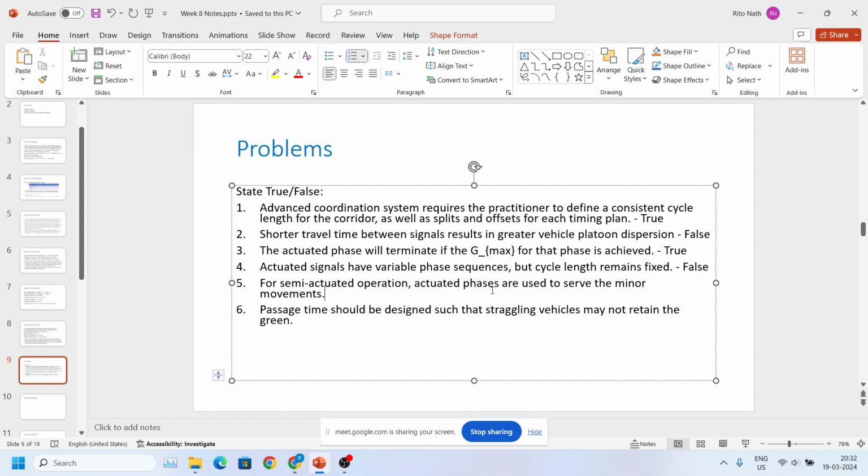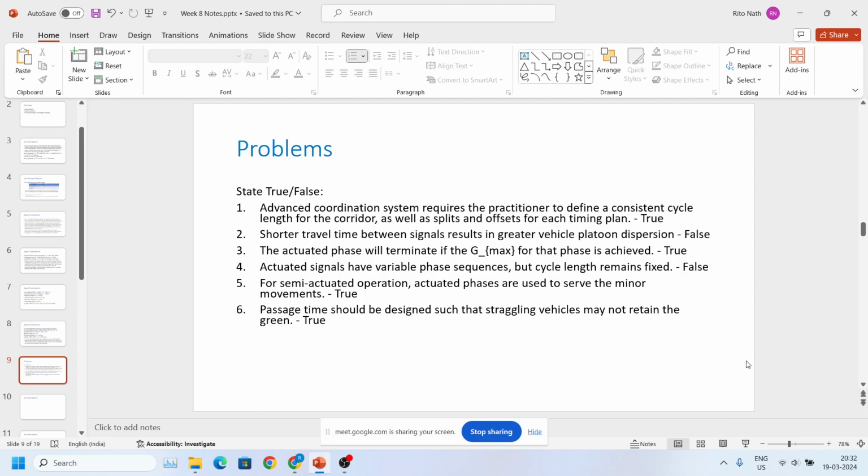For semi-actuated operation, the controller is programmed to dwell with the non-actuated phases, displaying green for at least a specified minimum duration. So this is true, and passage time should be designed such that the straggling vehicles may not regain the green. These are from the slides itself. So this is fine.